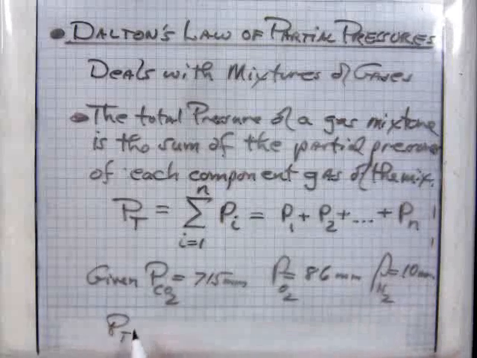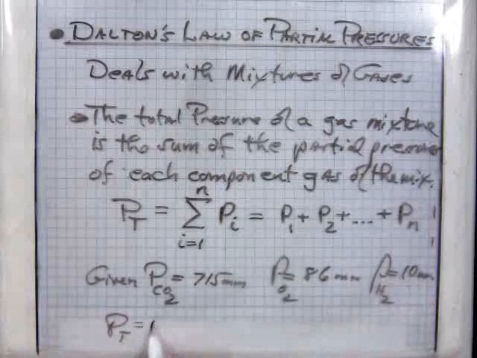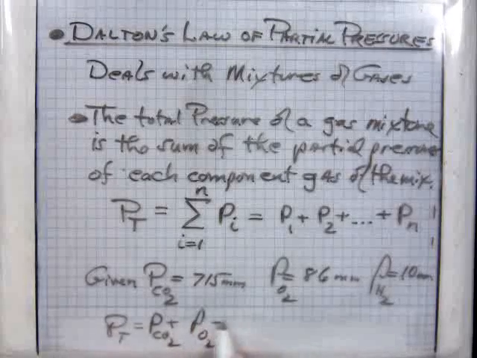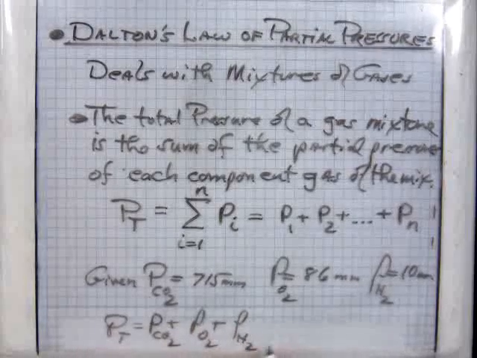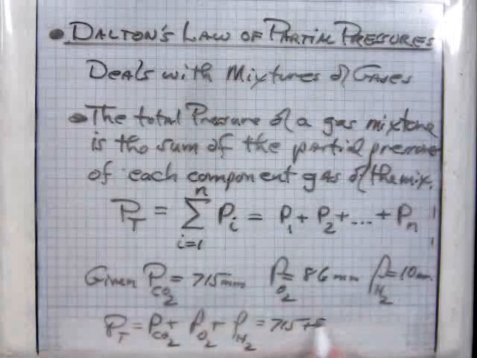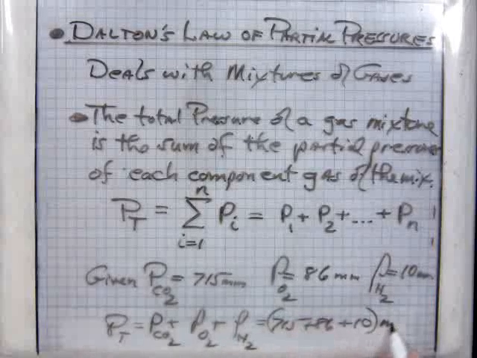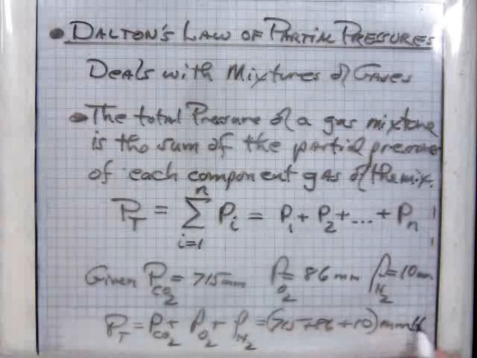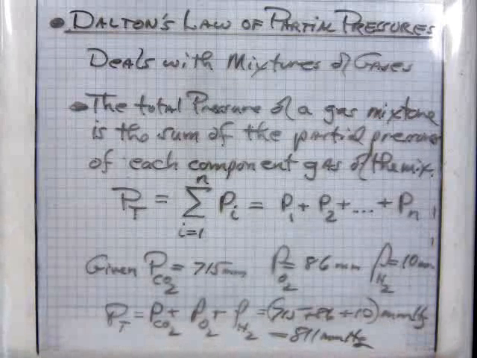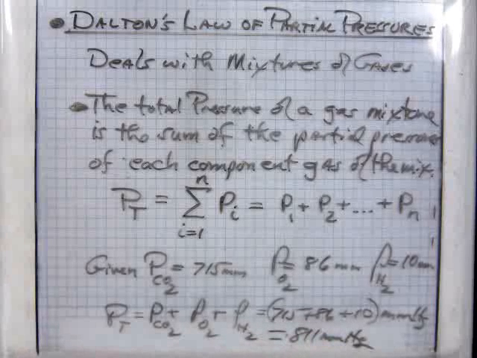Well, it's just simply the sum of those pressures, which would be pressure of CO2 plus pressure of O2 plus pressure of H2. And that includes 715 plus 86 plus 10 millimeters of pressure, or mercury if you need to. I got 811 for the total pressure.